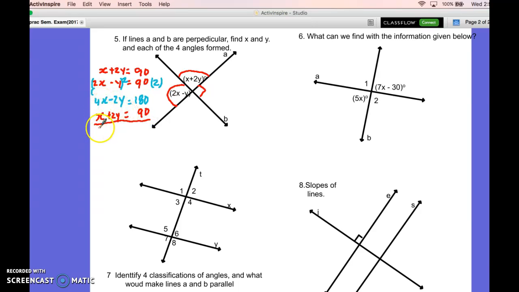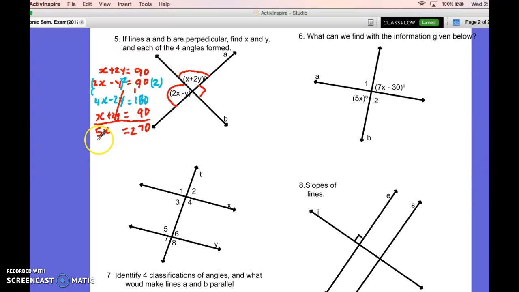When we add, we get 4x plus x is 5x. Negative 2y plus y is nothing. And over here, it will be just adding as well. 9 plus 8 is 17. 0 plus 0 is 0. Carry the 1 from 17, and 1 plus 1 is 2. So we have 5x equals 270, and that's the way we find the x.